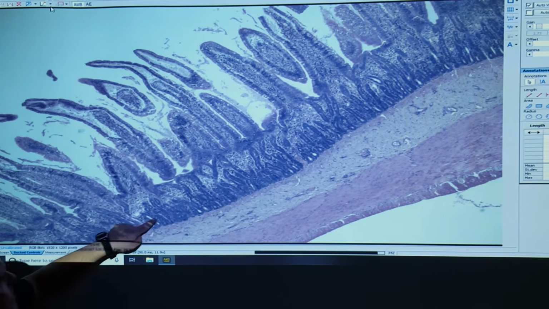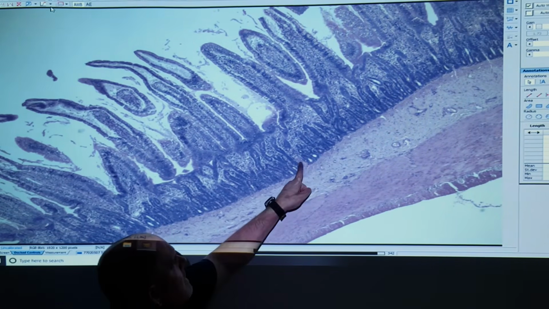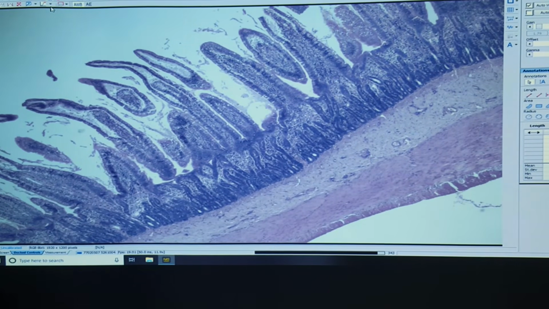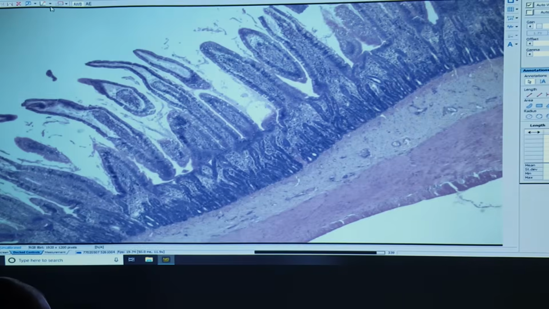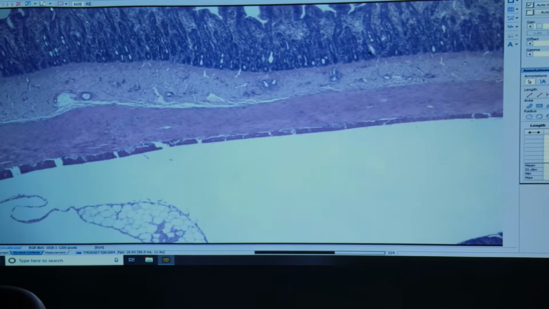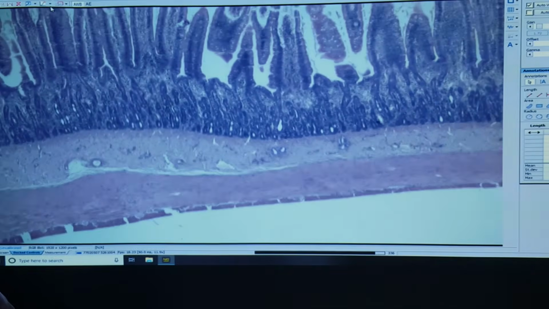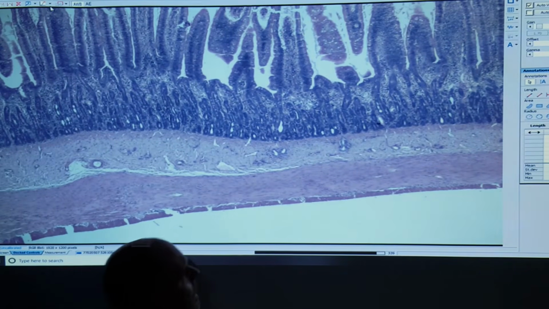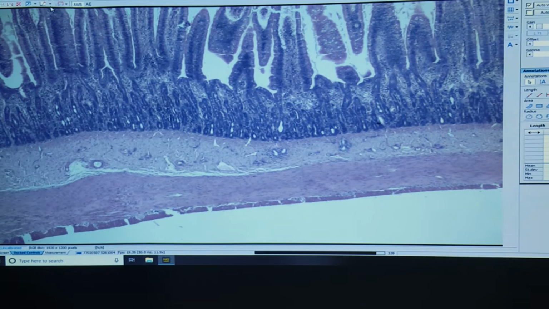I can also see here some intestinal glands. You see those little white spots. What this slide does not show me very well, and I'm scrolling around, is much in the way of the duodenal glands. I can see a couple here, but not too many in this particular slide.